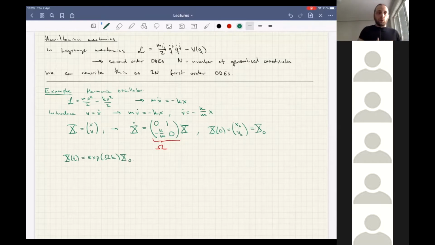And so we could solve this system just by exponentiating, because this was a first order system. Any questions on that?